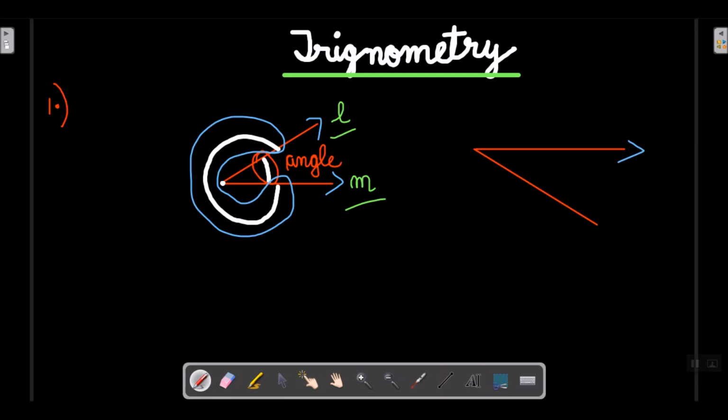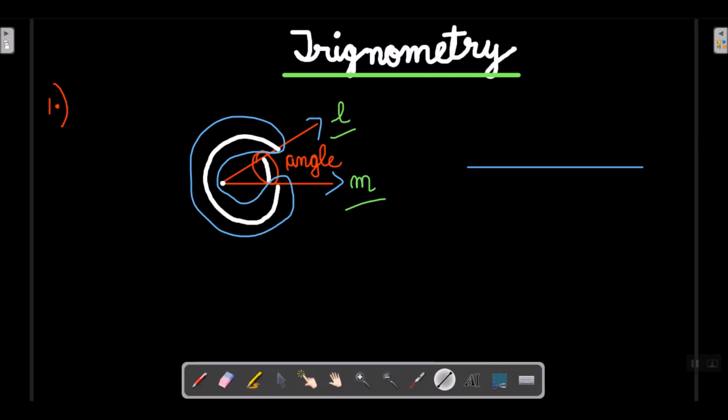But let me do it in a more specified way so that you feel it better. So here goes a straight line, another angle, so here it goes.